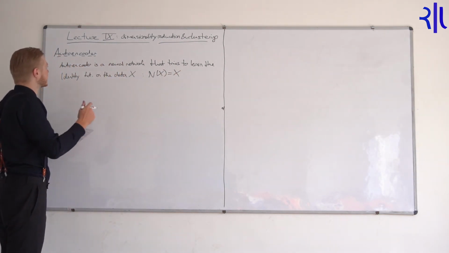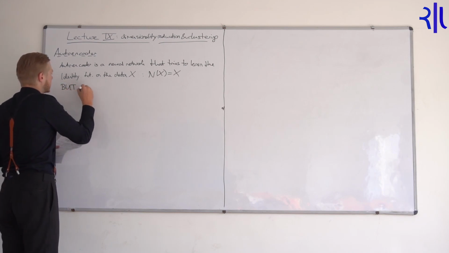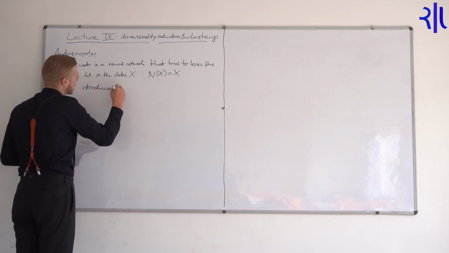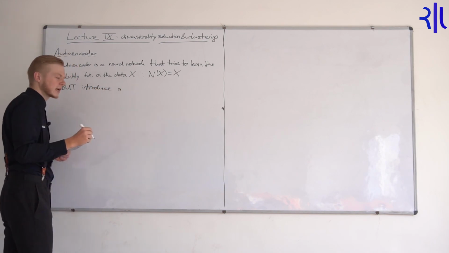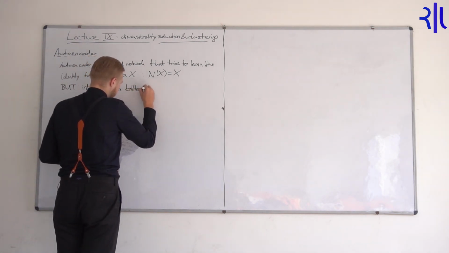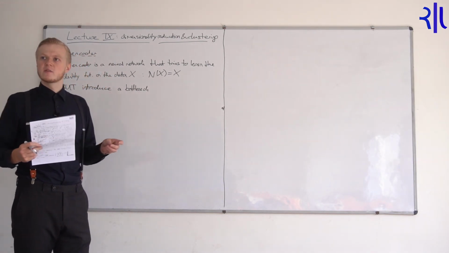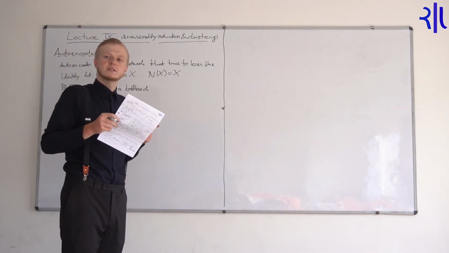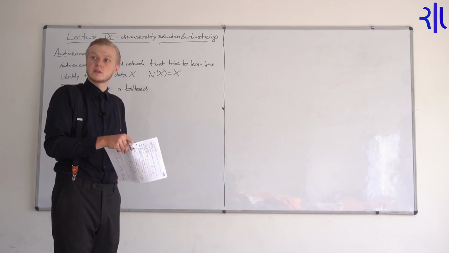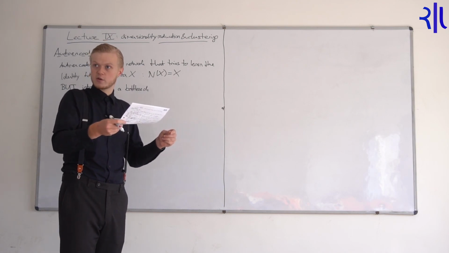But we introduce a bottleneck in the neural network that is of low dimension, and that forces the neural network to first map into this low dimensional bottleneck, and from the representation in the low dimensional bottleneck, reconstruct the original input.